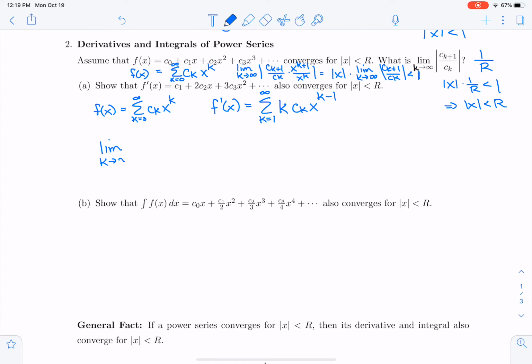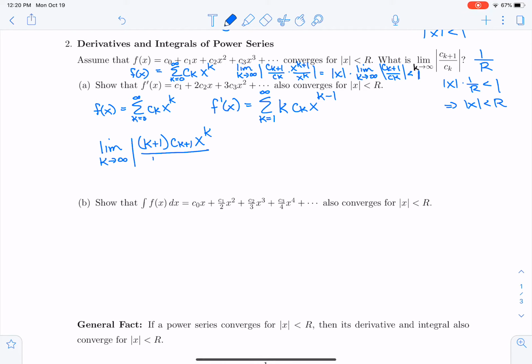This is the limit as k goes to infinity of (k plus 1) c sub k plus 1 x to the k, divided by k c sub k x to the k minus 1. Now x to the k over x to the k minus 1 gives me an absolute value of x.